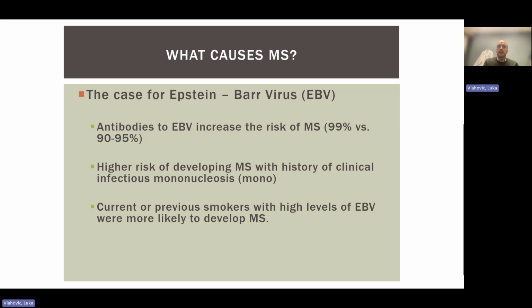That's why it's difficult to distinguish if this virus can be causative beyond this well-known association. And also, current or previous smokers with high levels of EBV were more likely to develop MS.